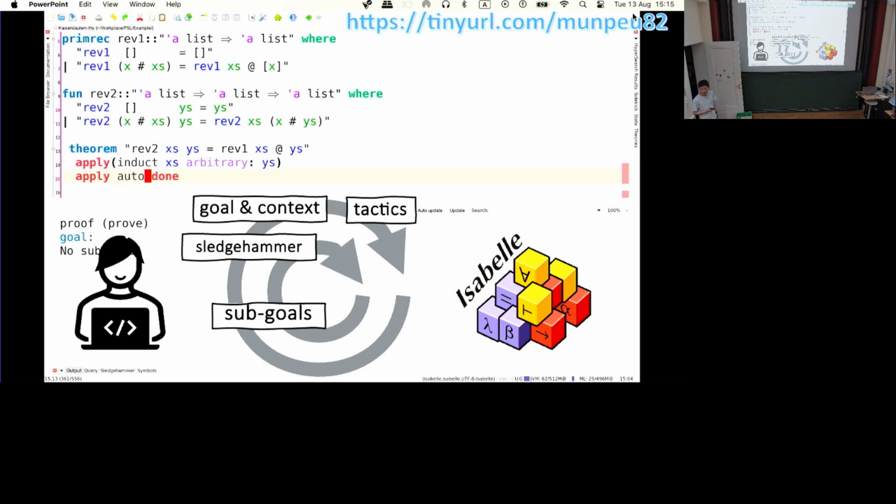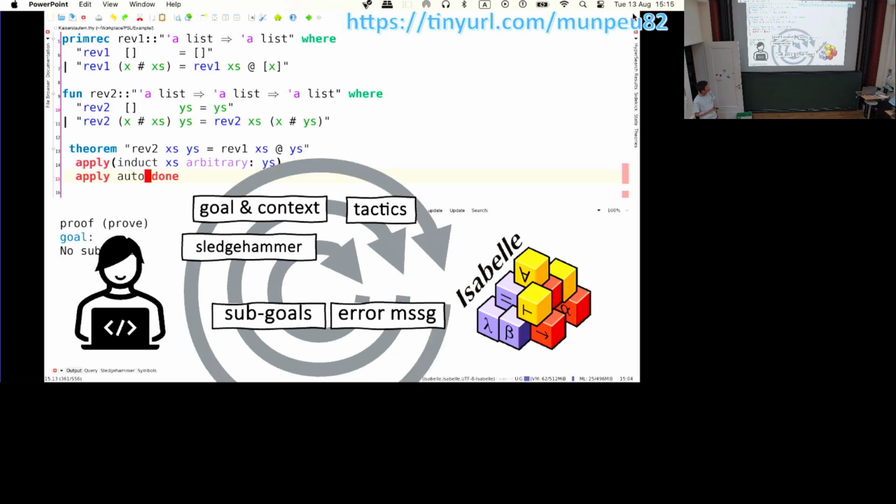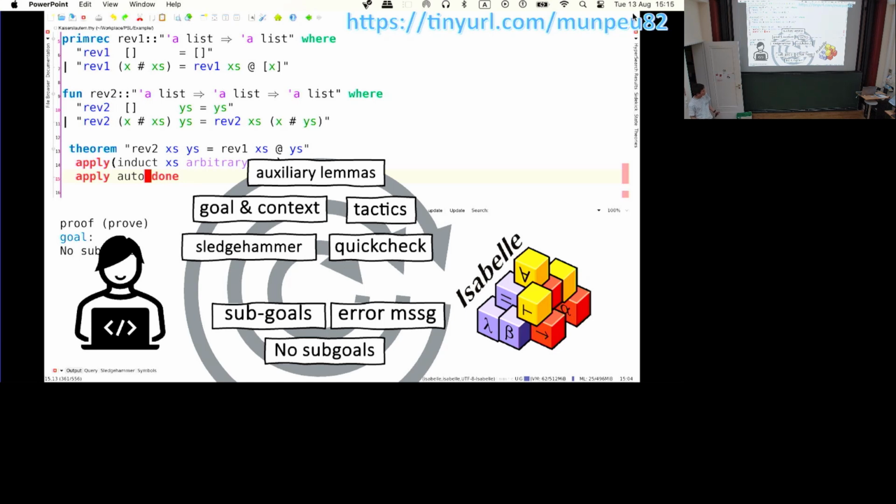And we also have strong tools like Sledgehammer. They may give us error messages, which is actually a good thing because we noticed that something went wrong. And we keep applying tactics and tools. And sometimes we have to introduce auxiliary lemmas. We also have counterexample finders like Quickcheck. And we have to keep doing this until no sub-goals are left for the final goal.